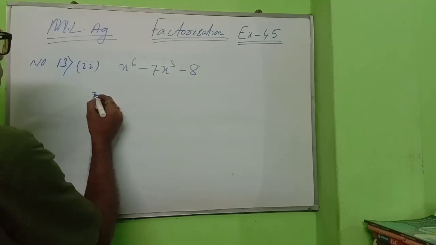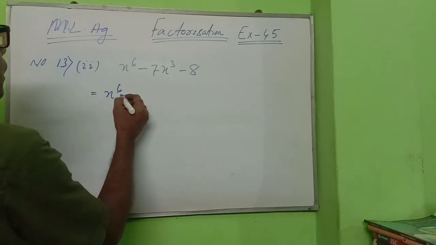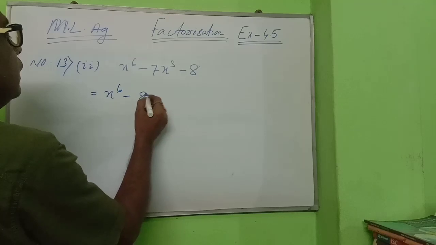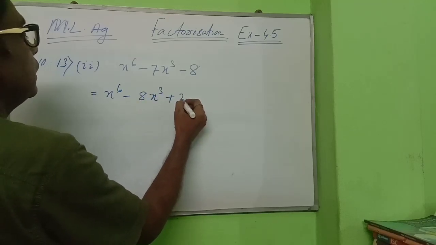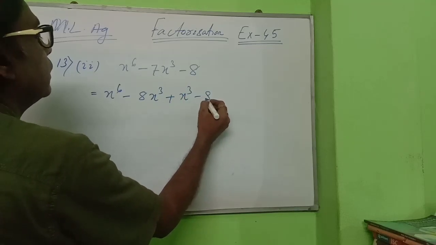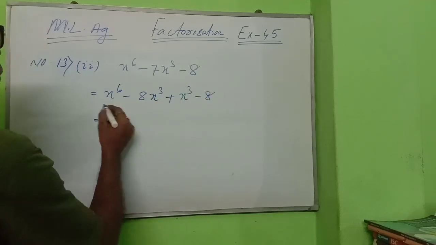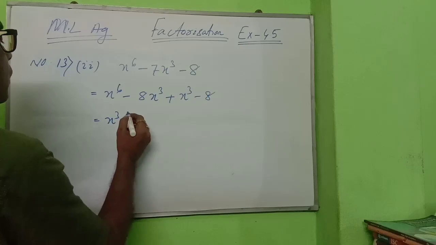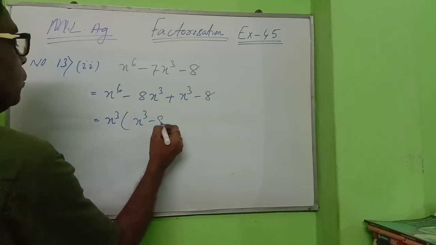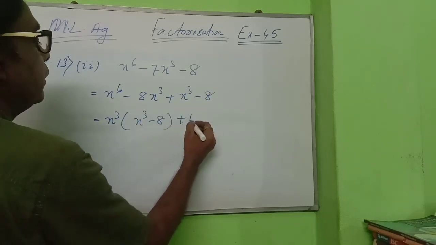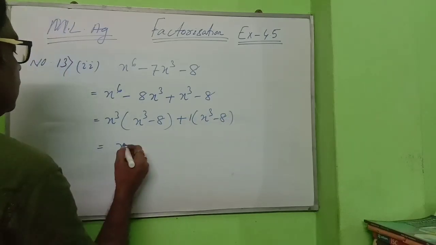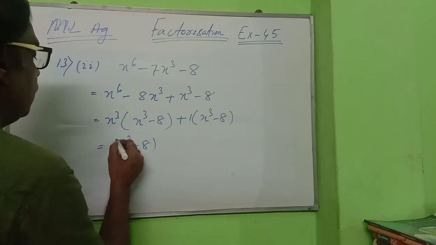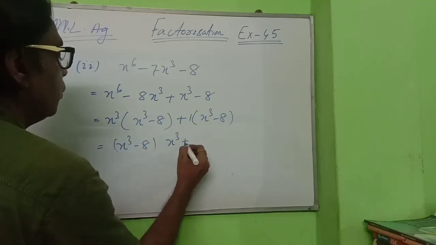Let's see, that is minus 8x cube plus 1x cube, meaning x cube, and minus 8. From the first two you have to take x cube common. What is left here? X cube minus 8. From the last two I have to take 1 common, that is x cube minus 8. Now x cube minus 8 taken common. What is left here? X cube plus 1.